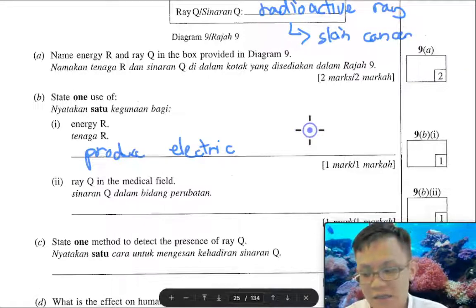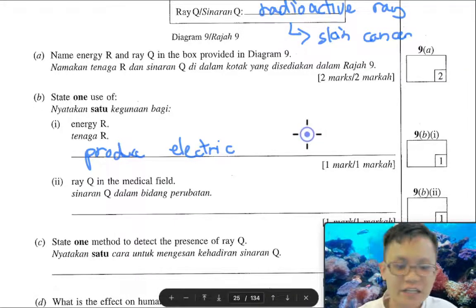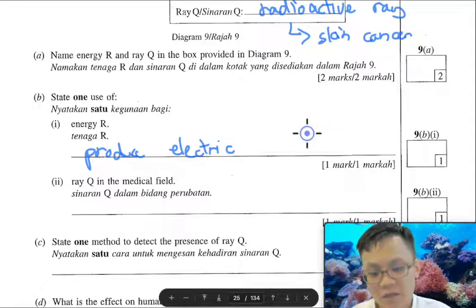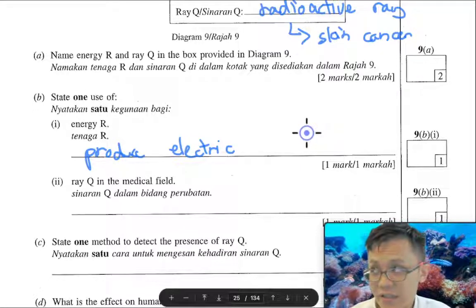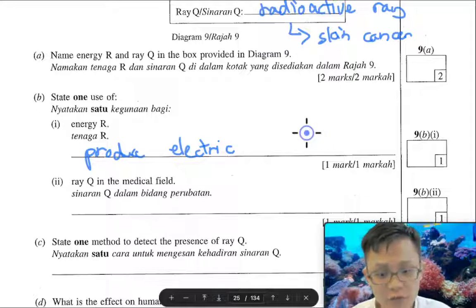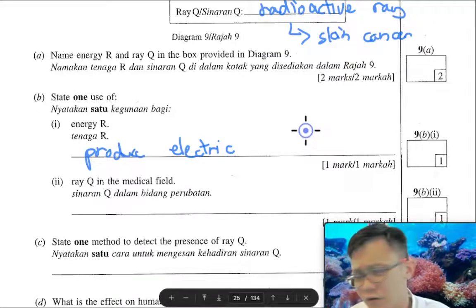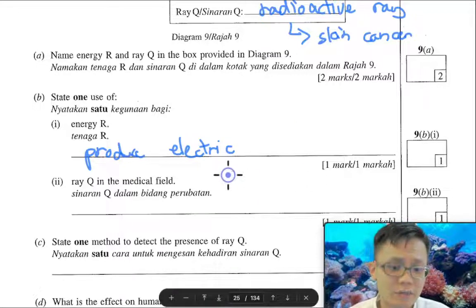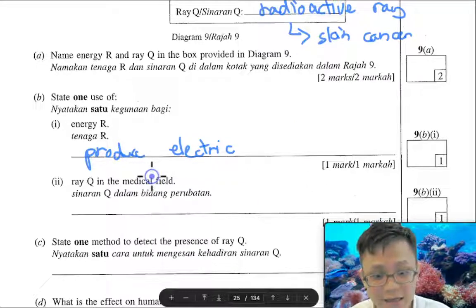And some people say Malaysia actually is not that environmentally friendly, because around 60% of Malaysia's energy is from coal, and 30% from hydroelectric. So the coal will produce a lot of carbon dioxide.